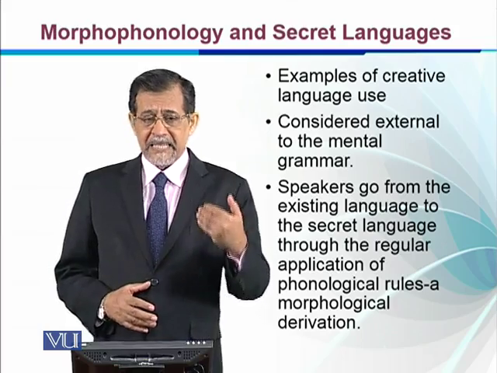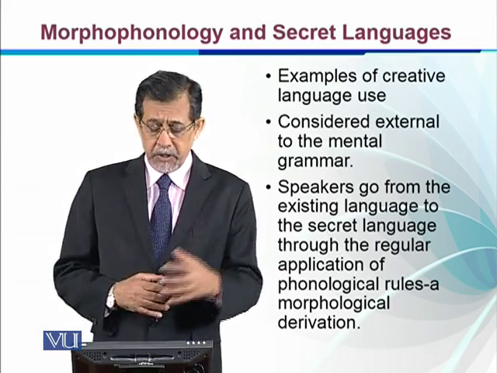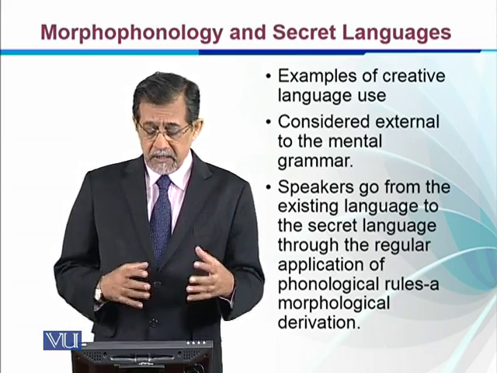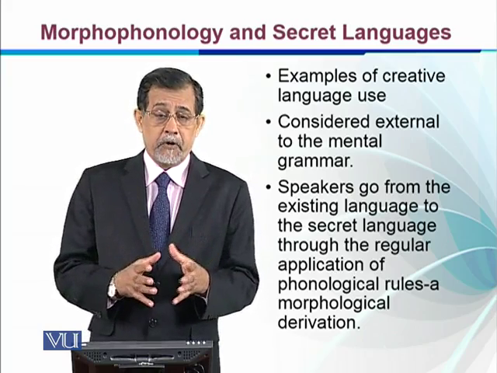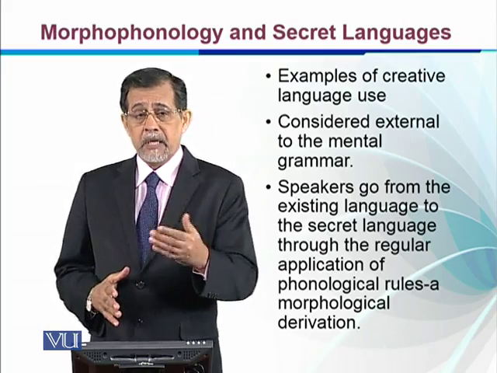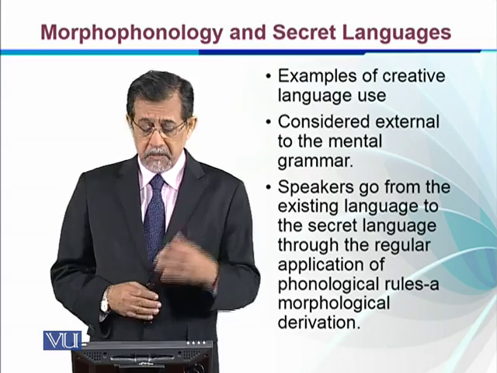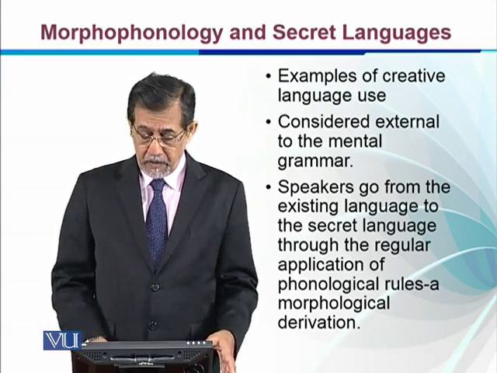Speakers go from an existing language to the secret language through the regular application of phonological rules and morphological derivation. So these are phonological rules that they take from natural languages to these secret languages, and they apply them regularly.